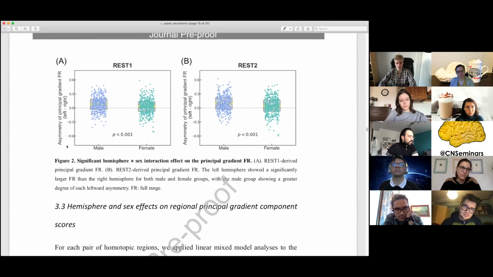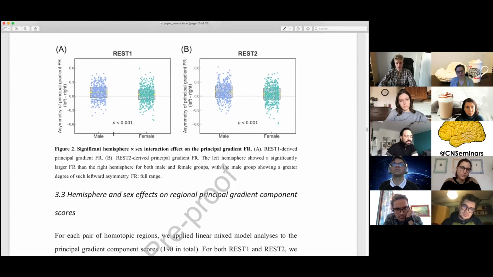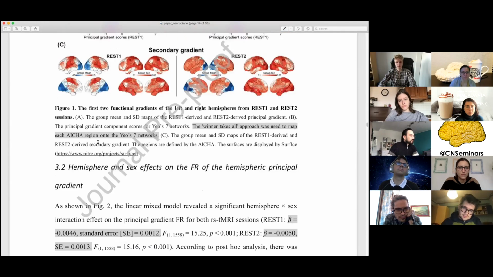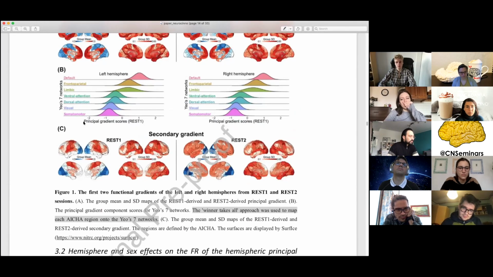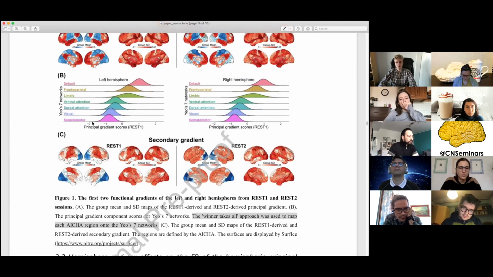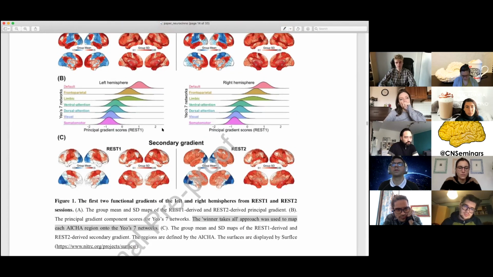Interestingly, there appears to be a sex difference in the asymmetry of these gradients. And that is when you look at the asymmetry of the full range of the principal gradient. As you can see here above, the gradient scores in this case go from -2 to up to 2.